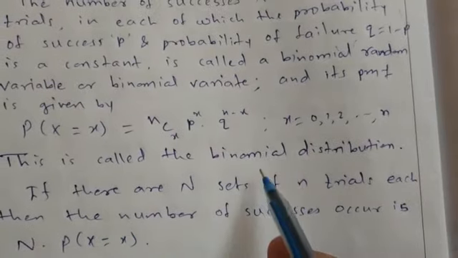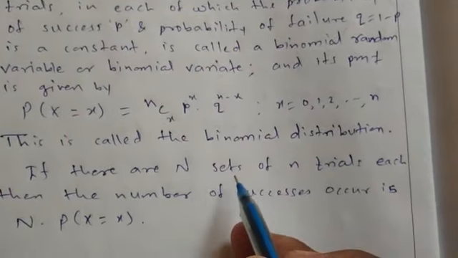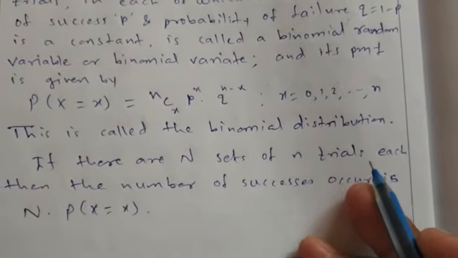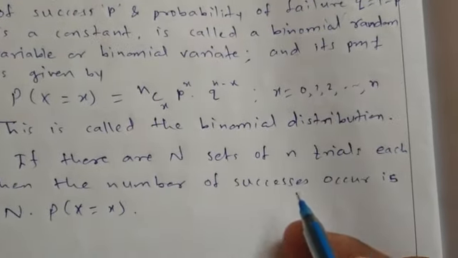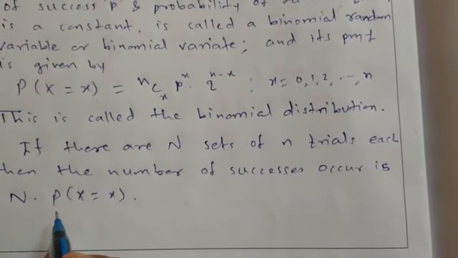This is called the binomial distribution. If there are N sets of n trials each, then the number of successes that occur is N into probability at X equal to x.